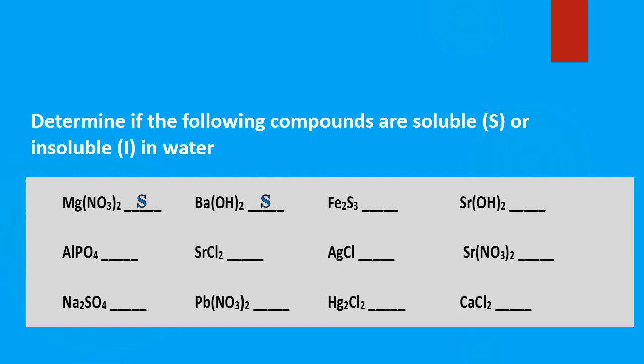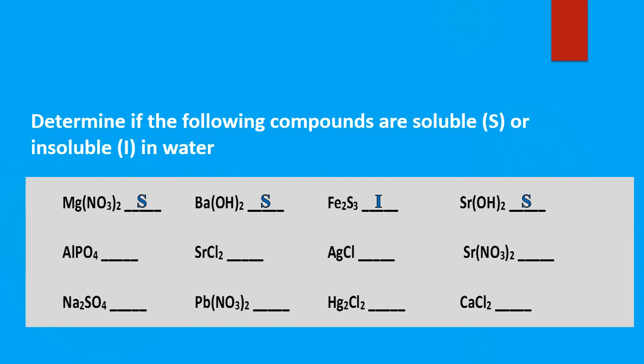Sulfides are normally insoluble unless they're paired with compounds of ammonium, alkali metal cations, calcium, strontium, and barium. Iron is not one of our exceptions, so that makes it insoluble. Strontium hydroxide. Hydroxides are normally insoluble. Strontium is one of the exceptions to that rule, so that makes it soluble.